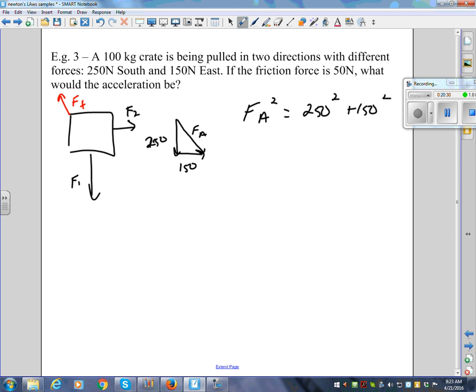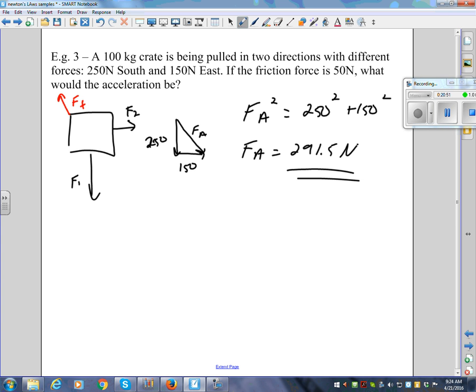And I get FA equal to 291.5. Again, this is mathematics that I consider involuntary at your level.